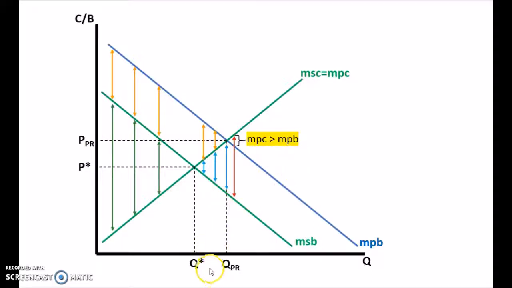So let's come back to the main point. Q star is what we want. So when we talk about community surplus, and again, we're not talking about producer and consumer surplus because the distinction between those two groups of people is irrelevant here. When we talk about community surplus, we're saying that community enjoys the production of this good up until Q star, and it's maximized at Q star.